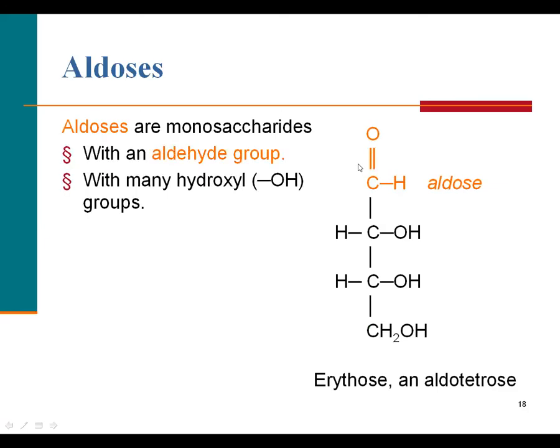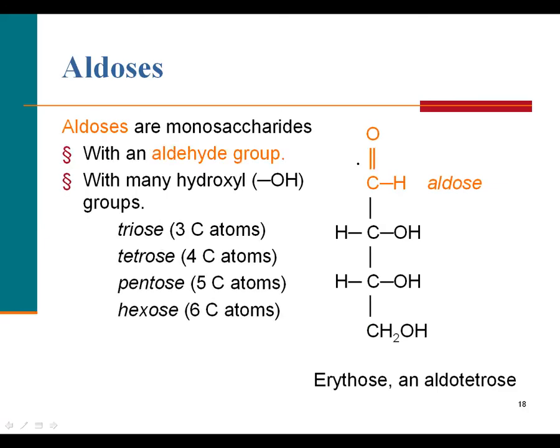So they do have special names depending on what group is at the top and also how many carbons there are. This is what is known as an aldose. An aldose is named that because it has the aldehyde group on it. And if we count, by the way, this is always going to be carbon number 1 because it has a carbon-oxygen double bond.